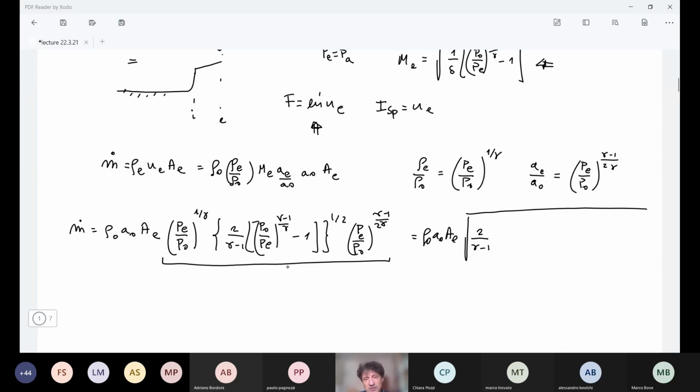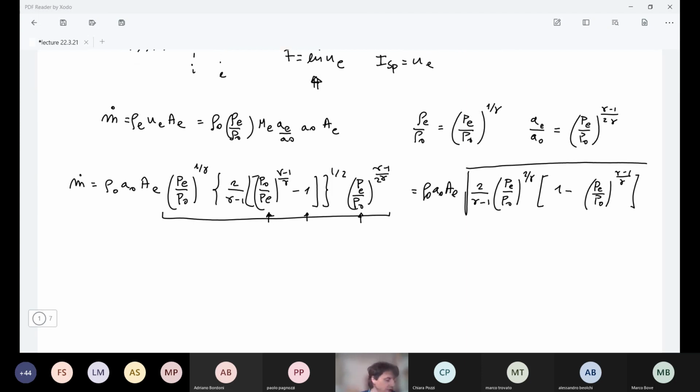And then we have just this inverse, considering multiplication of this by the two terms that are within square brackets here. So you can easily obtain that Pe over P0 here is to the power 2 over gamma. And within the square brackets, we have 1 minus Pe over P0 to gamma minus 1 over gamma. And this should be okay.